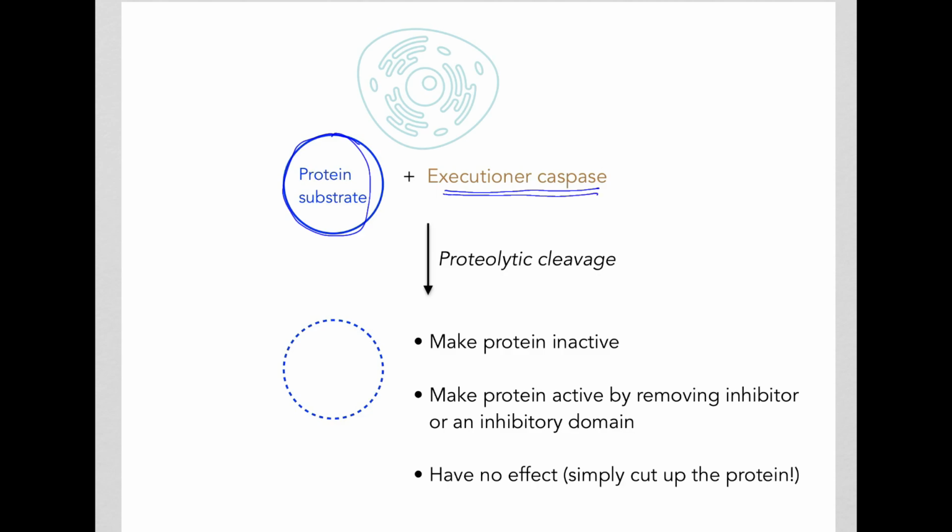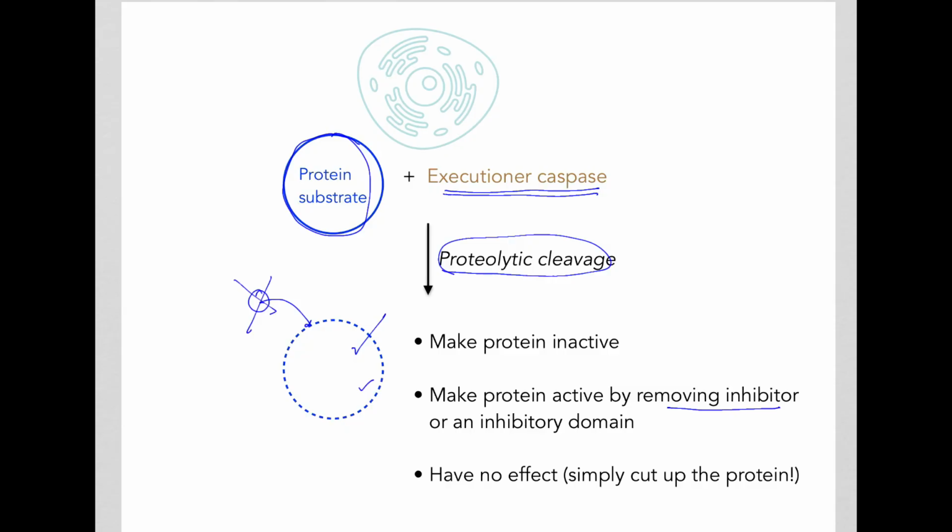Whatever the protein substrate is, the caspase will act on it and cause a proteolytic cleavage, and that might make this protein inactive, or it might make this protein active by removing some inhibitor of this protein, maybe some other protein that inhibits this protein.